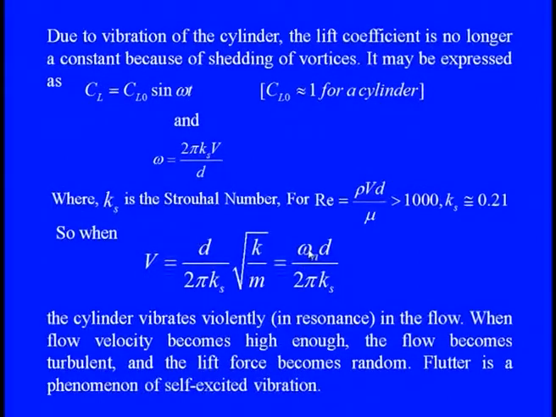And for the Reynolds number, the ratio of inertia force and damping force, we can bring it up to say 1000 for a laminar flow, and K for this case of laminar flow is 0.21. So we can say that the velocity v is equal to d by 2 pi K times the square root of k by m, which is the natural frequency, or else we can say that the velocity is the natural frequency times d divided by 2 pi K.